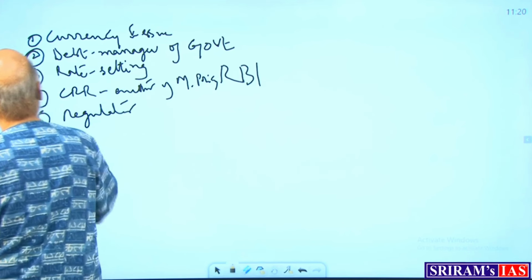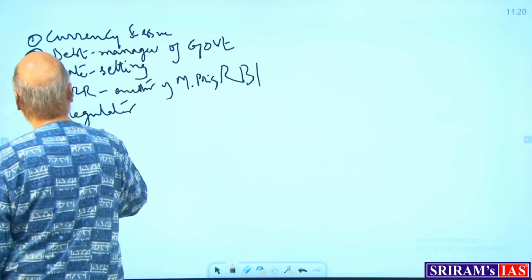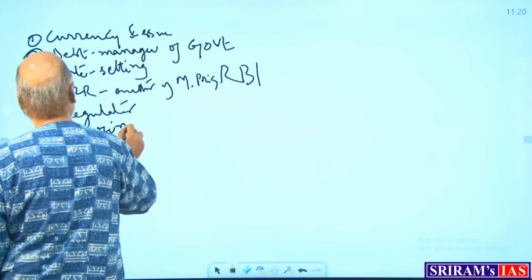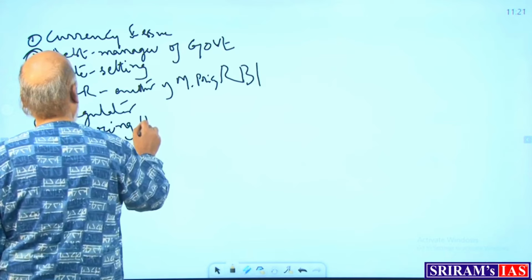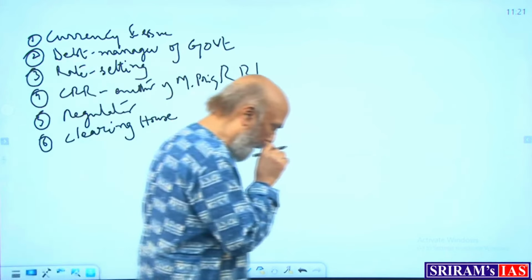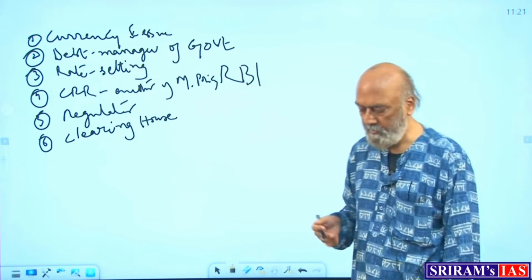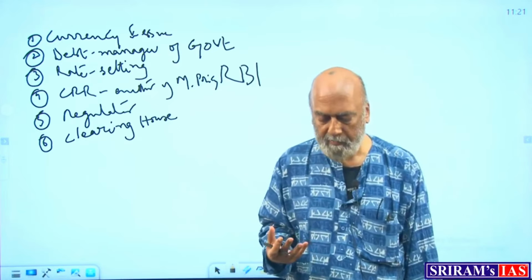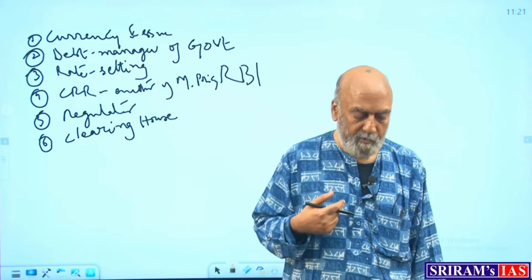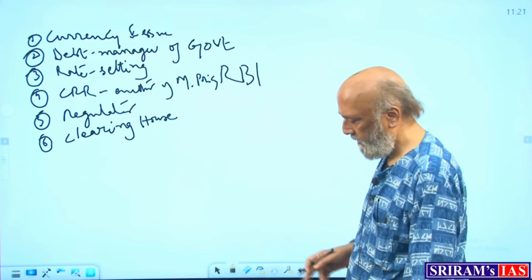Then RBI is the clearing house. Clearing house means I'm the RBI, you're the commercial banks. All of you have accounts with me. 100 rupees, 100, 100.